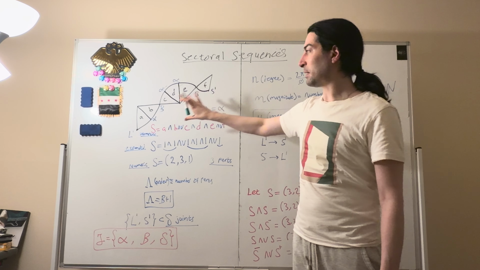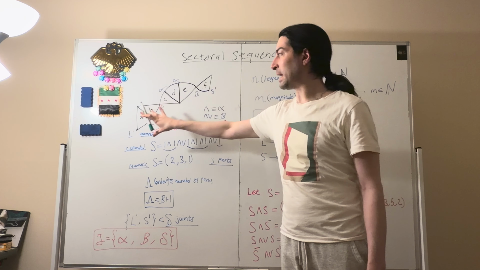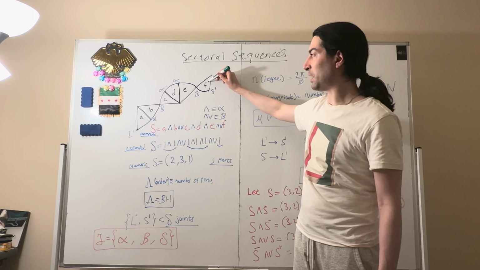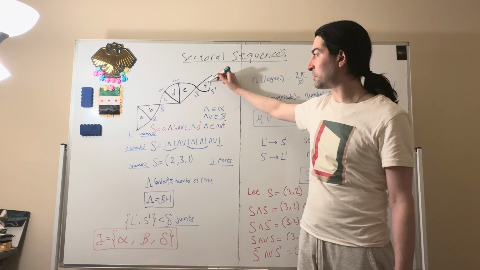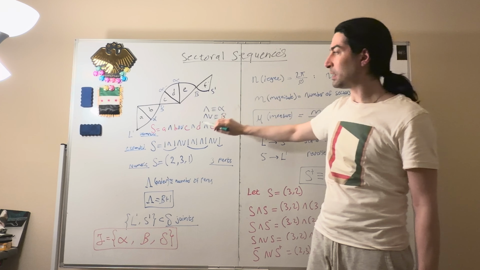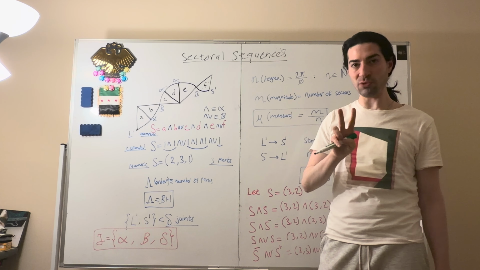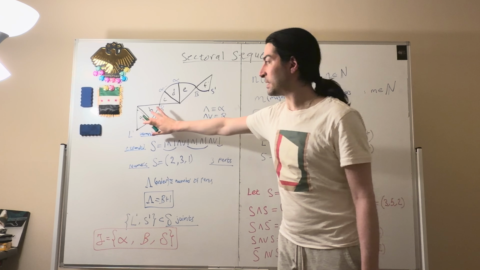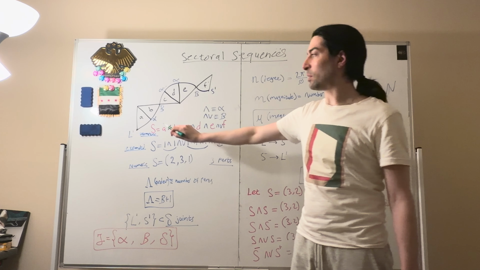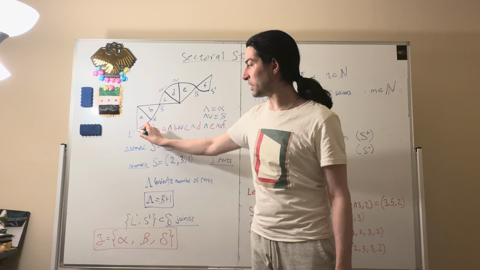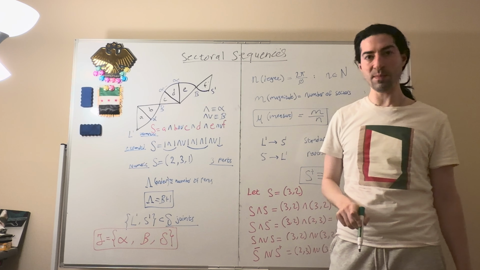Let's look at the ends of the sectoral sequence. We have F here forming a single part made of one sector, and we have AB forming a part made of two sectors. Since this is larger, we will refer to this as L prime. So this delta joint here we will call L prime.